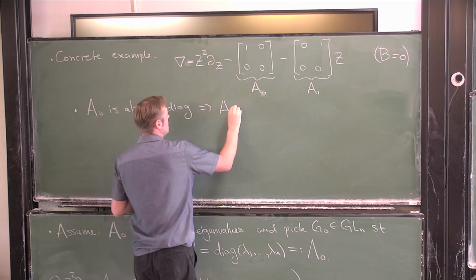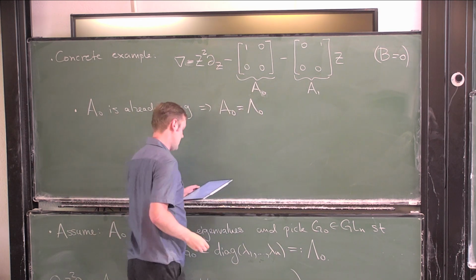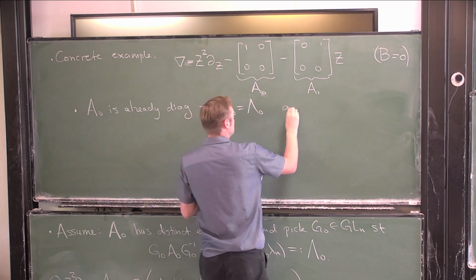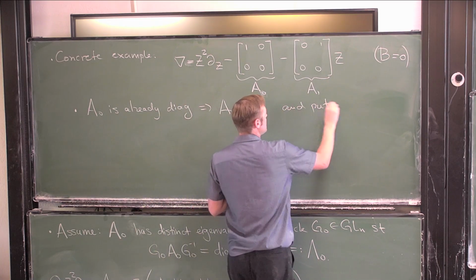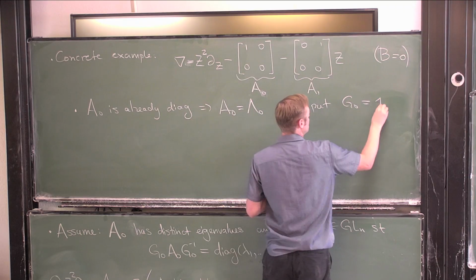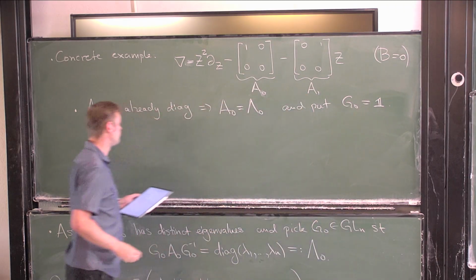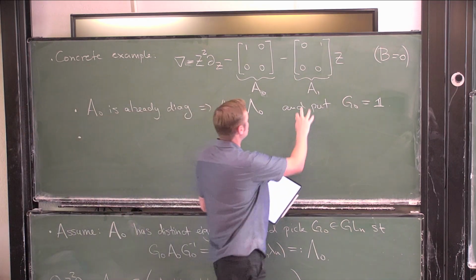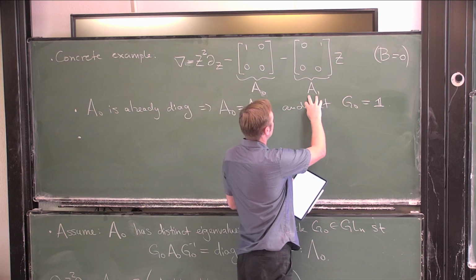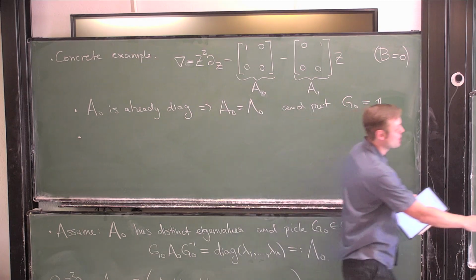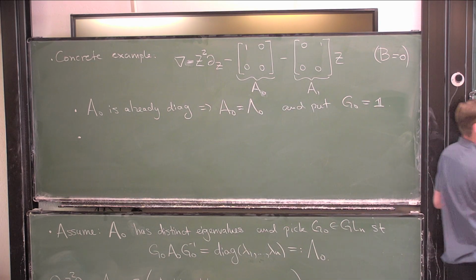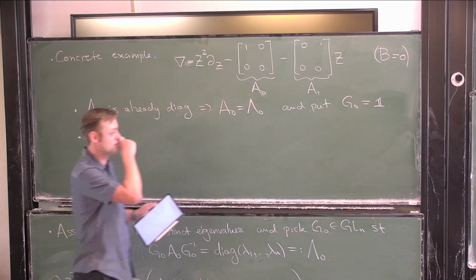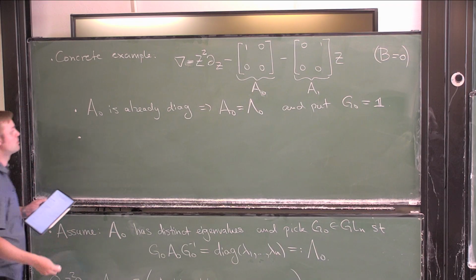So A0 is the same thing as lambda naught, and we take G0 to be the identity. And then, what is lambda 1 in this kind of normal form, at least for the principal part?